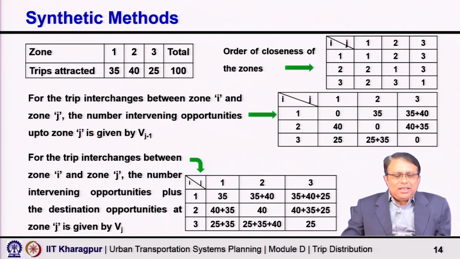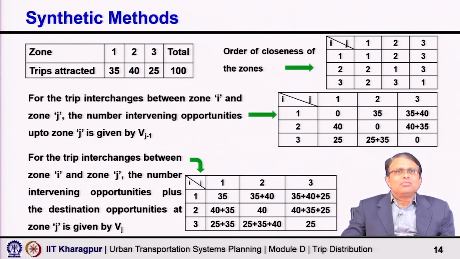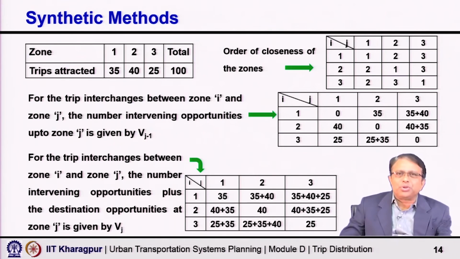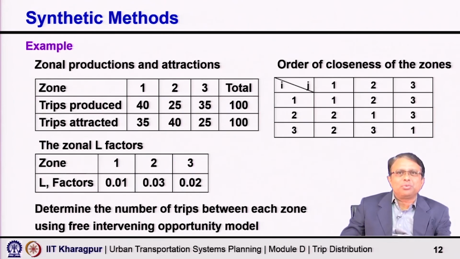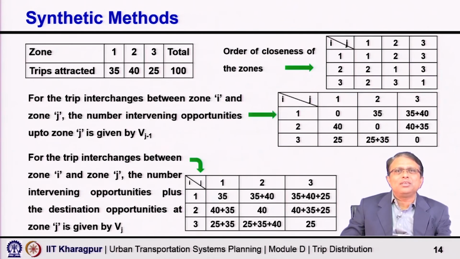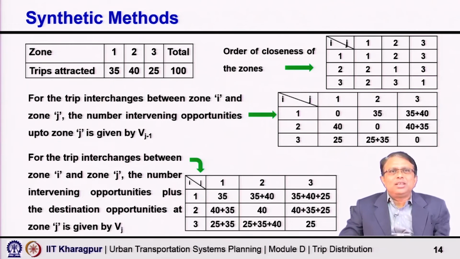Like that, consider the trips attracted 35, 40 and 25, and the order of closeness of the zones, which I have just reproduced from the previous slide so that you understand clearly.